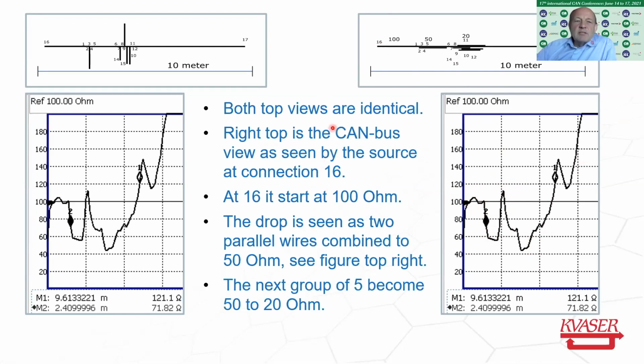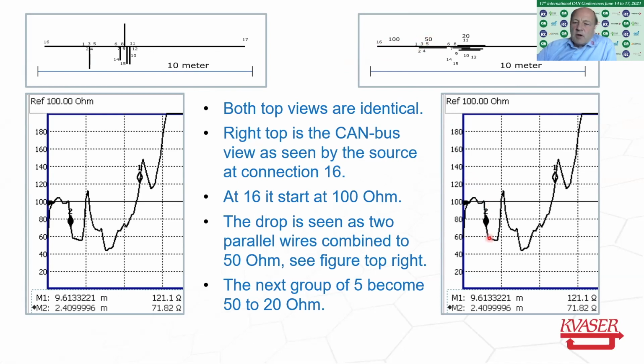What happened is that the test signal doesn't see where the drop line goes. The lines lie along each other, so suddenly instead of 100 ohm impedance you have two wires in parallel, which means you get half the impedance, 50 ohm.